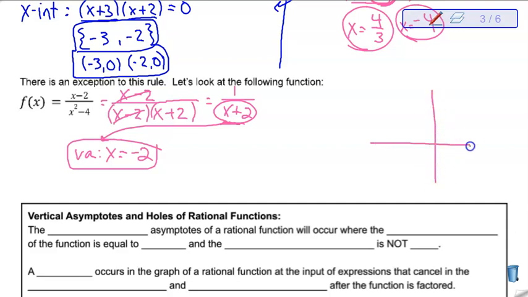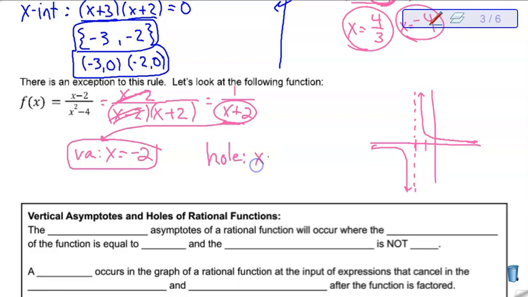We just graphed a couple of those where I end up having a graph that goes like this and a graph that goes like that. But because I have canceled these x minus 2's, what happens in my graph is there creates a hole in my graph. It is undefined at x equaling 2.